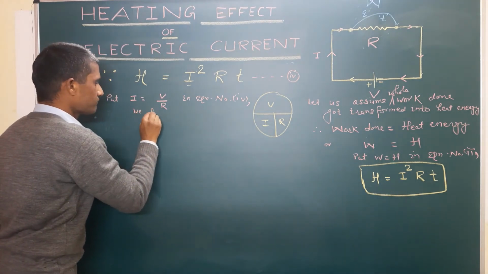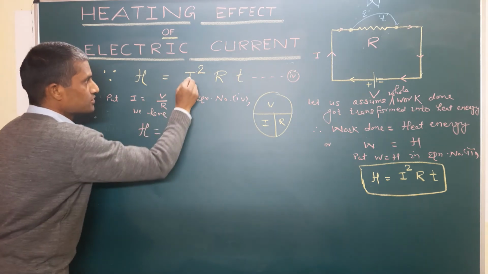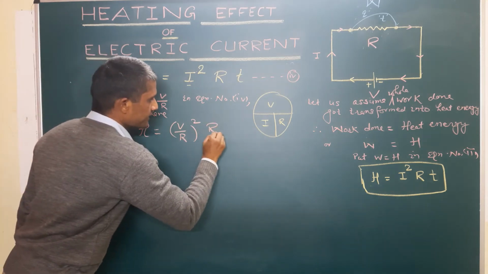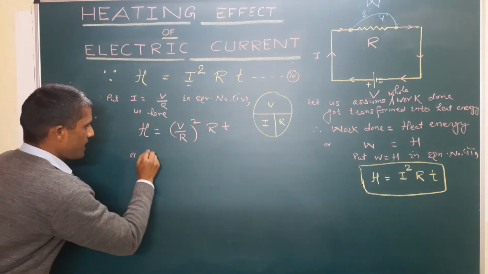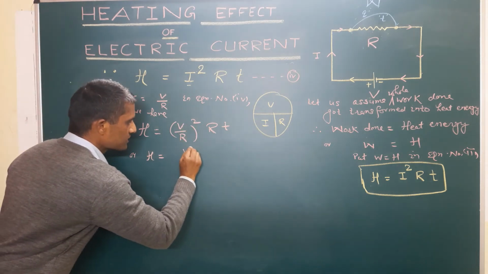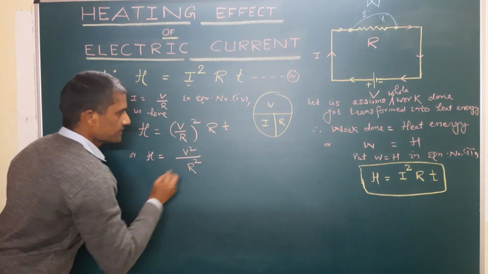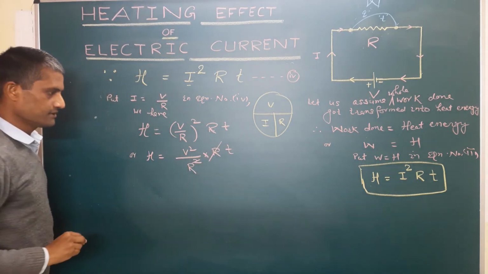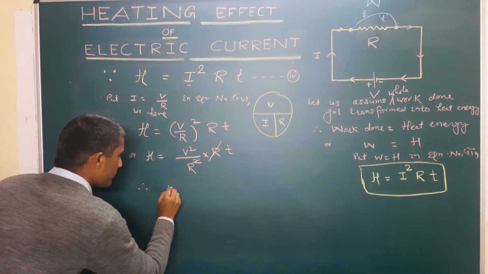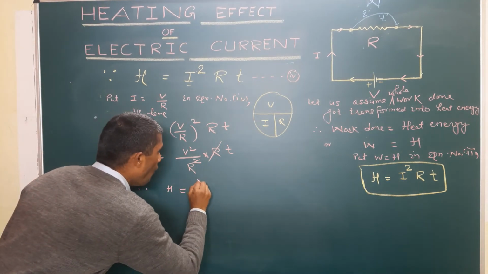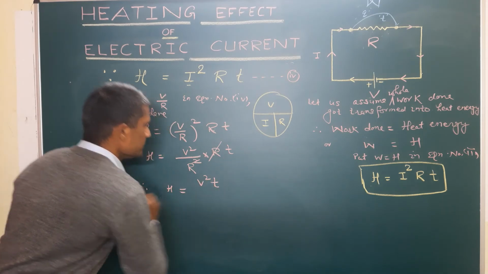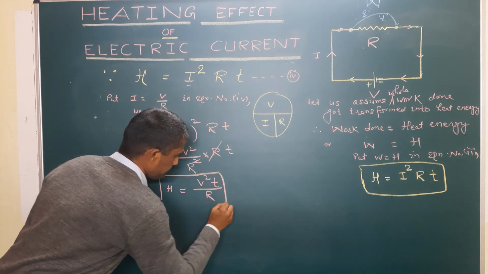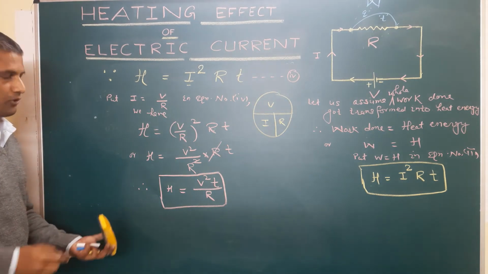We have H is equal to, in place of I, V upon R whole square, and it is RT, or H is equal to V square upon R square, and it is RT. So this R cancels, and therefore H is equal to V square T upon R.